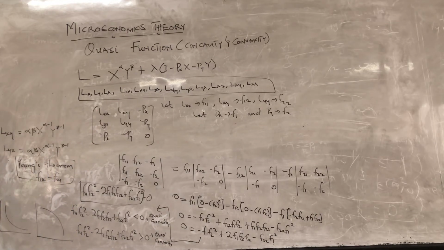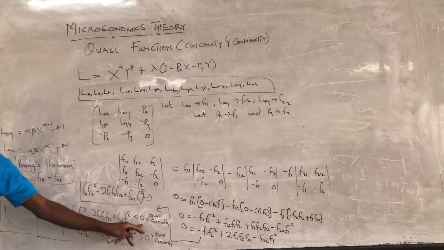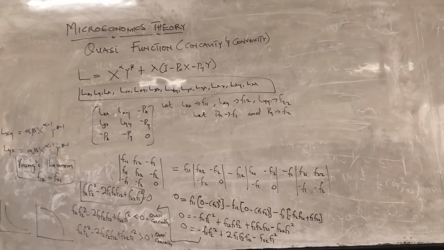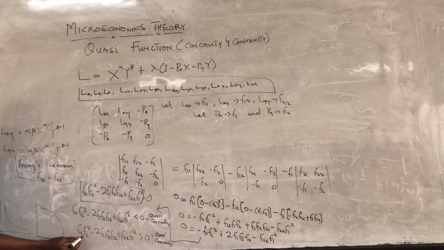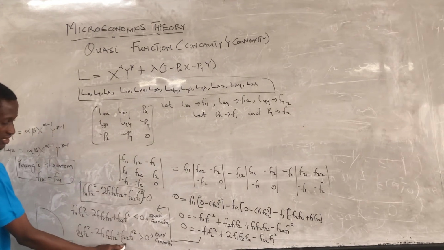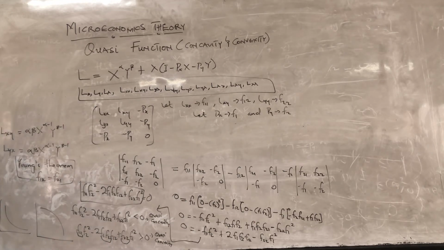But we have to explain how, if I have this, can this become less than 0? How can it become greater than 0? It depends on the values we have here. This depends on this value, and these two values. This is positive.